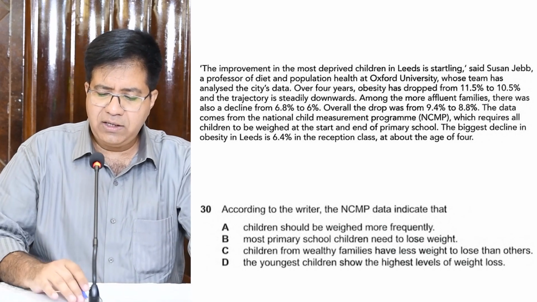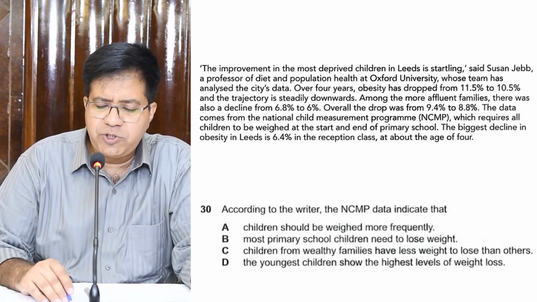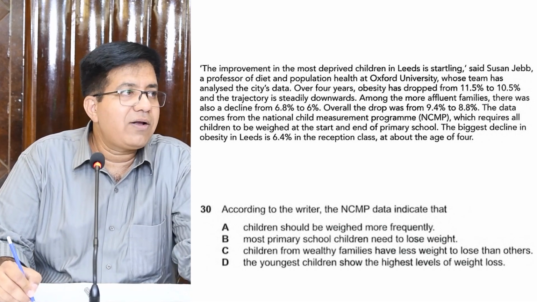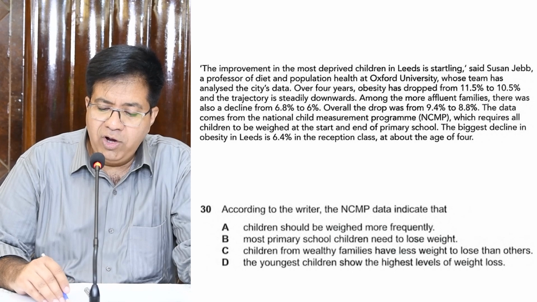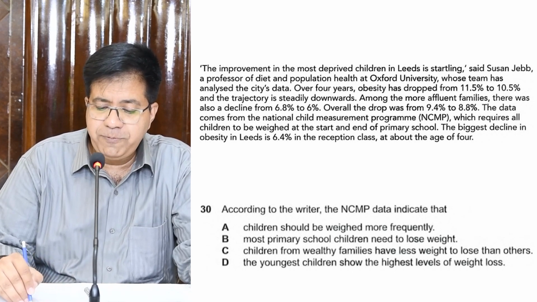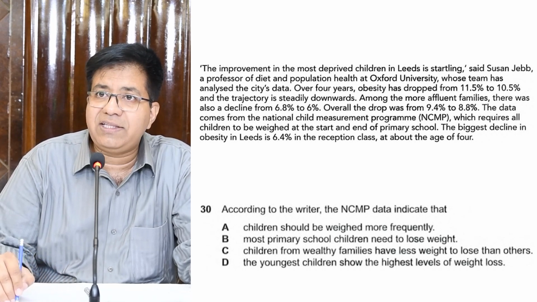Now, please come back. According to the writer, NCMP data indicate that. Option A, children should be weighed more frequently. Not at all. Option B, most primary school children to lose weight? No. Option C, children from wealthy families have less weight to lose than others?